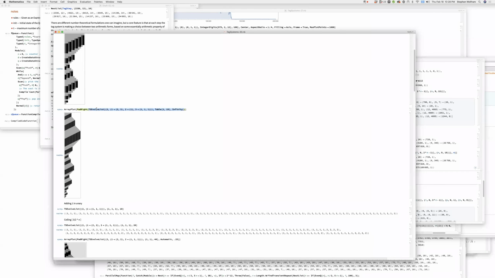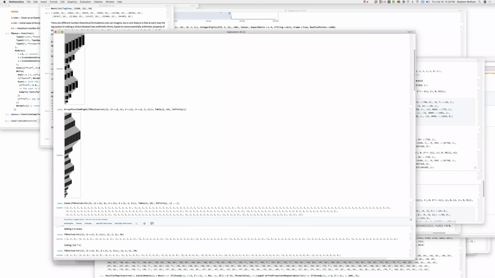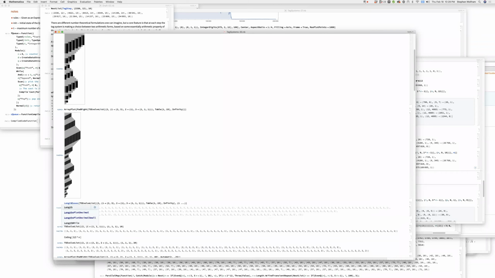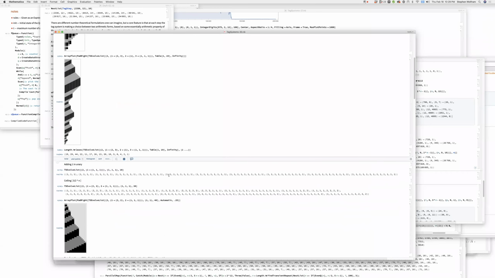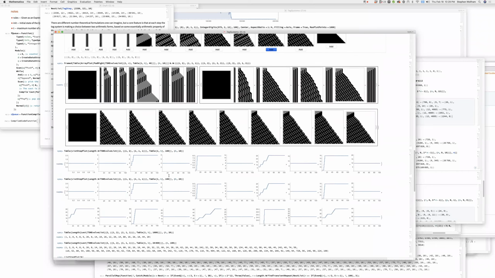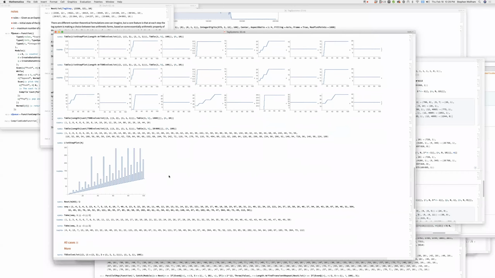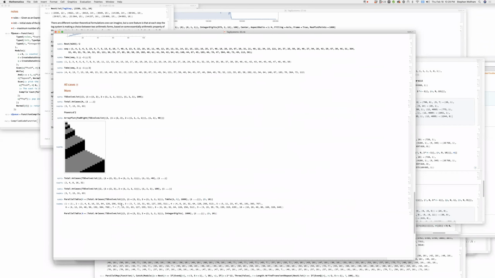I suspect if we say cases of this, comma, 1 dot dot dot, and then I say length slash at that, that's going to be the 3n plus 1 problems. So we're reading off the data in the ones. Here we're reading off the data in the powers of 2. Well, in the ones actually, but they give powers of 2.